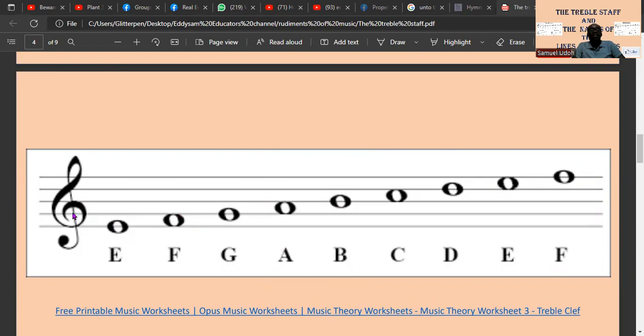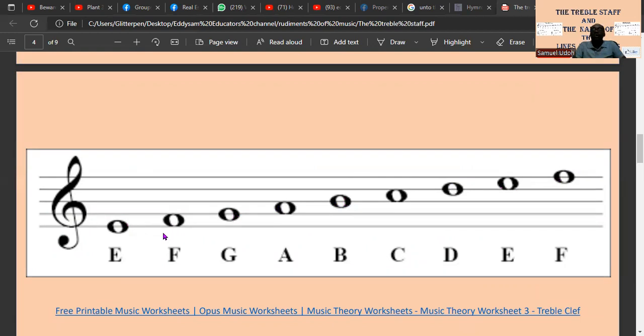So this is G, the origin of the clef. This is A, this is B, C, D, E, F. We have line G, space A, line B, space C, and line D, space E, line F. Over here, we have line G, space F, line E. So we have 1, 2, 3, 4, 5 lines, and we have 1, 2, 3, 4 spaces.